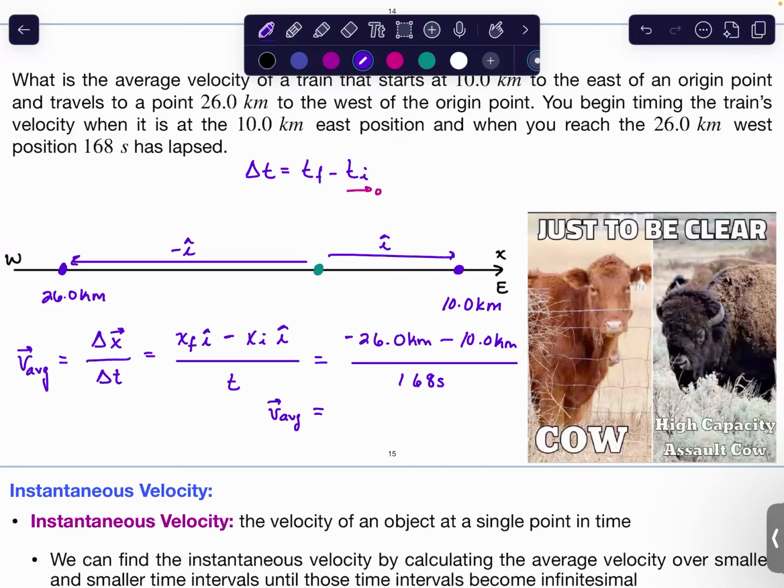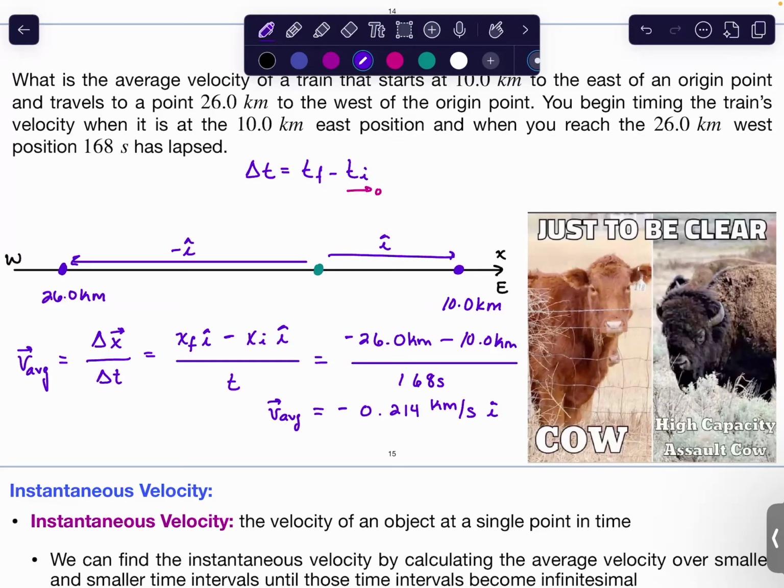Okay, so what does our average velocity come out to be? Well, when you do this math, you're going to get about a negative 0.214 kilometers per second. And this negative, you want to make sure you include the direction. This just tells you which way your velocity is going. Now, the magnitude of this would just be 0.214 kilometers per second.